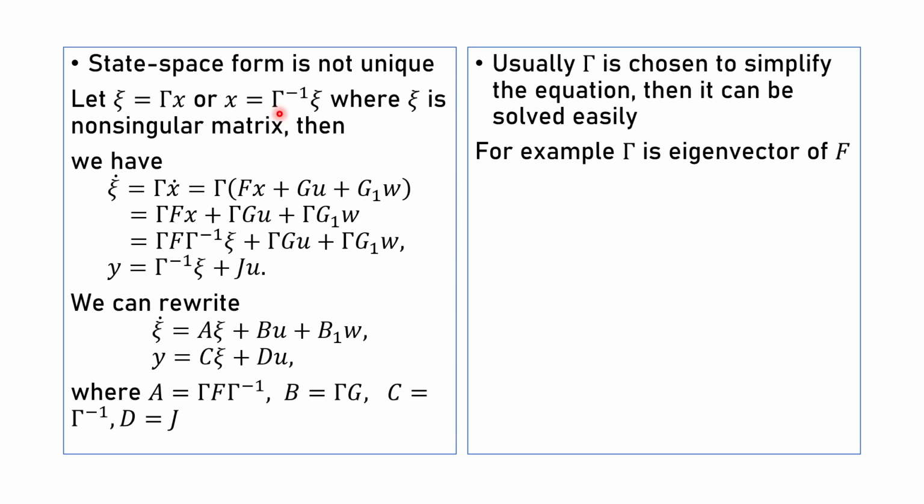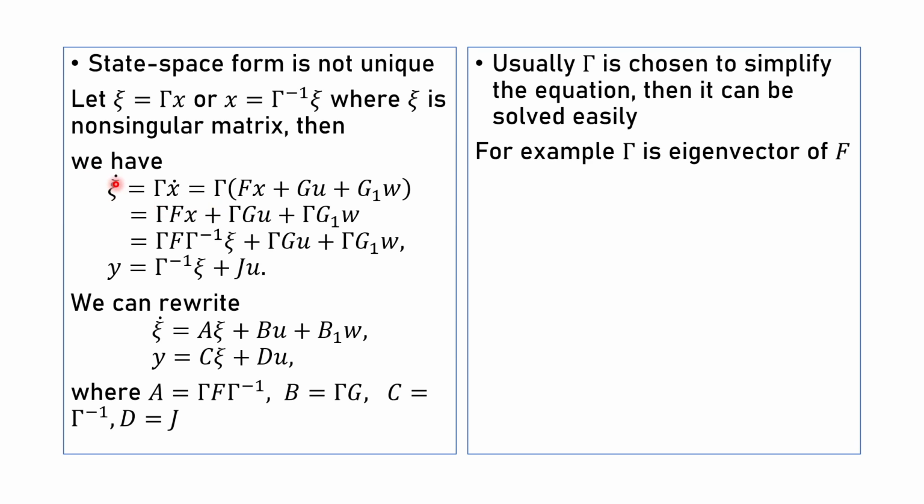Sometimes you can also transform from one form to another, and sometimes it depends on the state that you choose. Then you can have different types of state equations. It still has the same form.